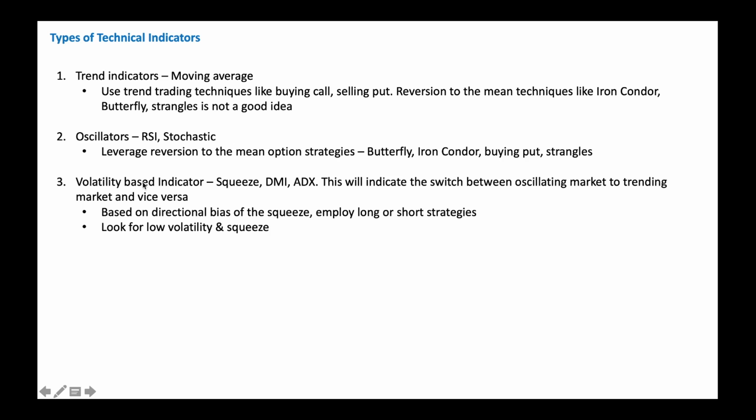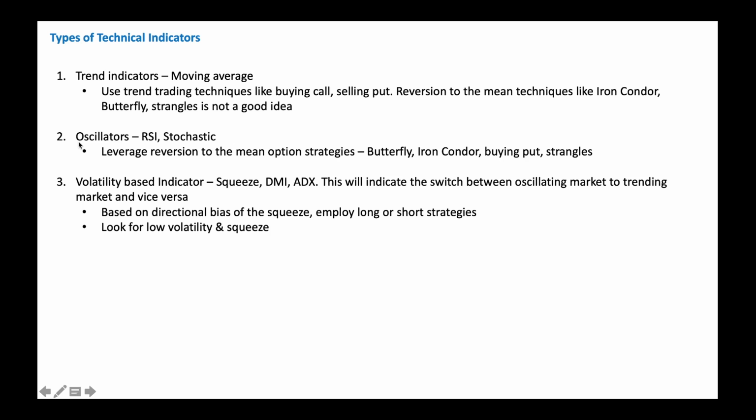Then we've got volatility based indicators, for example, the squeeze. When you have a squeeze, there is a volatility compression, and the stock is going to move from an oscillating market to a trending market. So that's where you will understand there is a switch between an oscillating market and a trending market, when there is a squeeze.